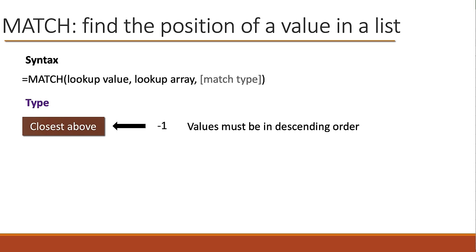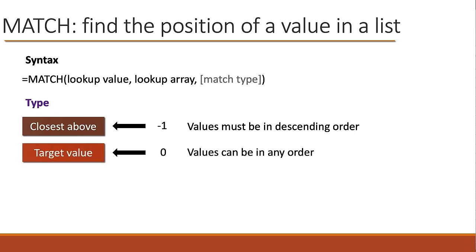If the exact lookup value we're looking for isn't in the list, we can choose closest above, which means find the nearest value that's greater than the value we want. So to do that, we use a -1 for the match type, and this works only if the list is sorted in descending order. Now, if we want only an exact match and not an approximate nearby lookup value, we use a 0 for the match type. And that means the list doesn't have to be sorted.